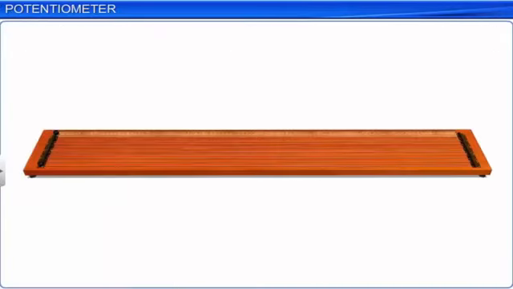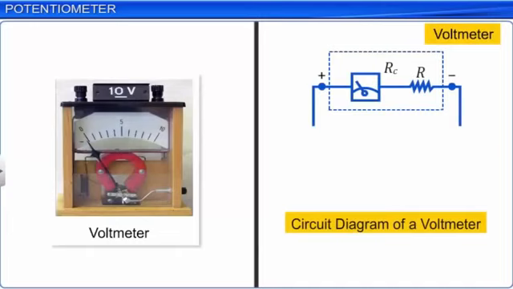A potentiometer is a device used to compare the EMF of any two cells, to measure the internal resistance of a cell, and also to measure the potential difference across a resistor in a circuit. We generally use a voltmeter to measure the potential difference across a resistor in a circuit.